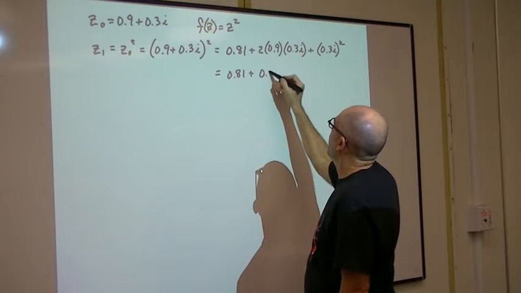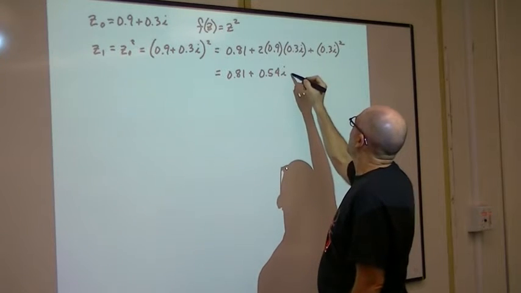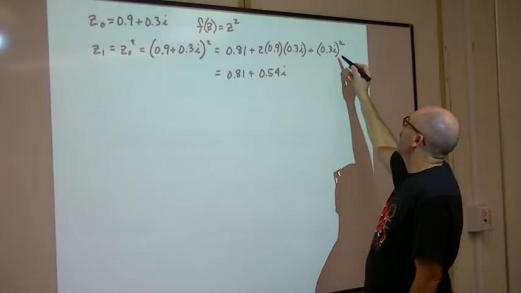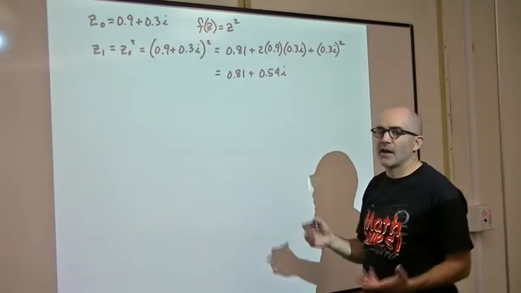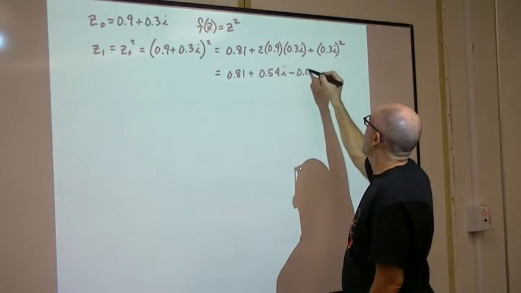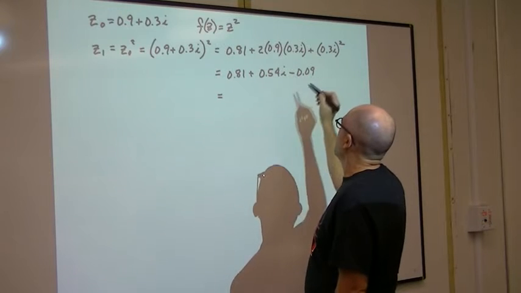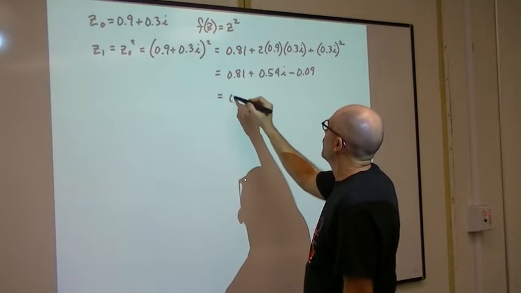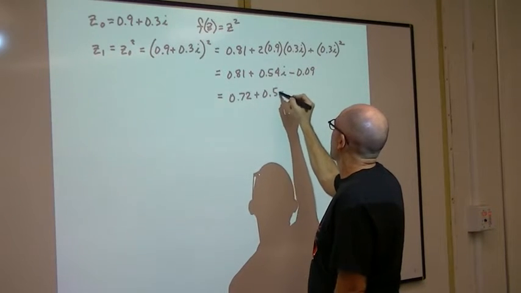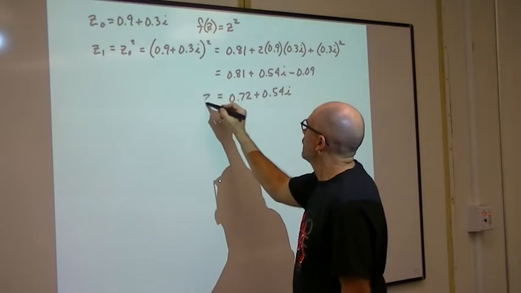So this is 0.54i plus 0.09i squared. Now i squared is -1, so let's just go minus 0.09. Okay, so this is going to equal 81 minus 9, 72. So 0.72 plus 0.54i. All right, so that's z sub 1.